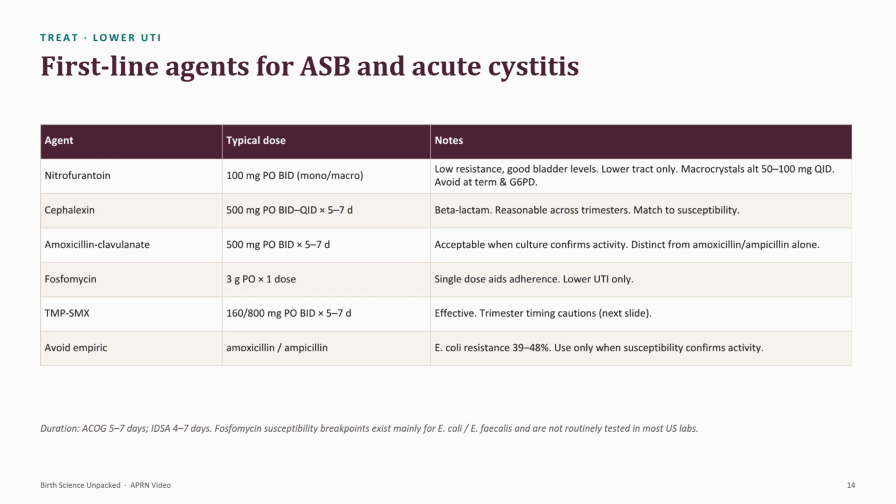Do not reach for empiric amoxicillin or ampicillin. E. coli resistance runs 39 to 48%. Duration is 5 to 7 days per ACOG or 4 to 7 days per the Infectious Diseases Society of America, targeted to sensitivities, of course.